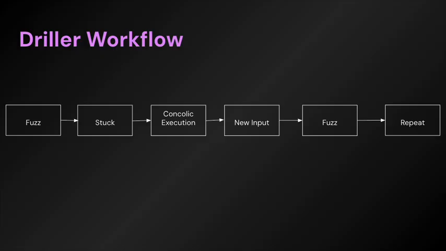It then generates new inputs that satisfy those conditions. Those inputs are passed back to the fuzzer. Then fuzzing continues exploring new areas of the program. This loop continues until a vulnerability is discovered or analysis stops. So instead of exploring everything symbolically, Driller uses symbolic reasoning only where it's needed.